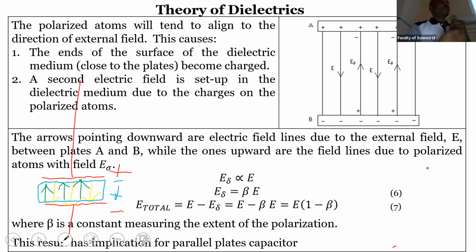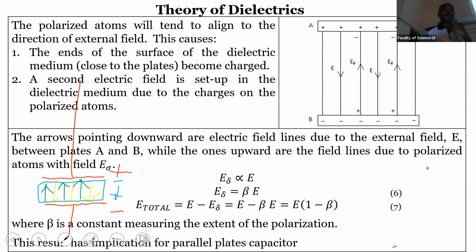Then the problem before us is, what is the relationship between the electric field set up within the insulator and the electric field that was applied externally? Equation 5 shows that it's a direct relationship.